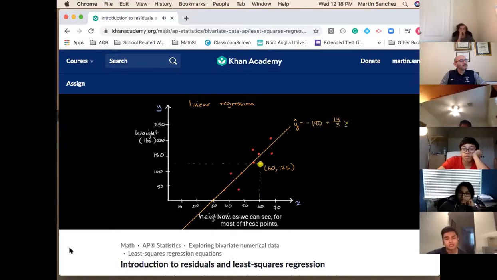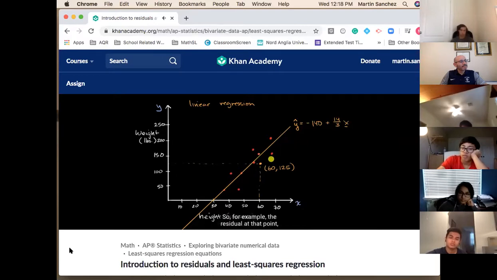Now, as we can see, for most of these points, given the x value of those points, the estimate that our regression line gives is different than the actual value. And that difference between the actual and the estimate from the regression line is known as the residual.